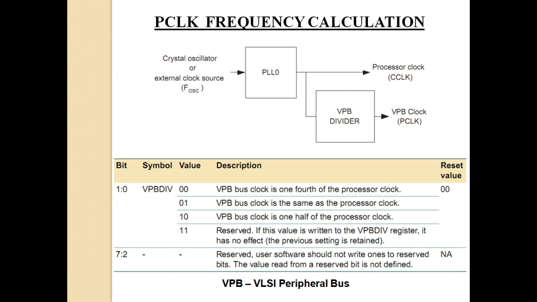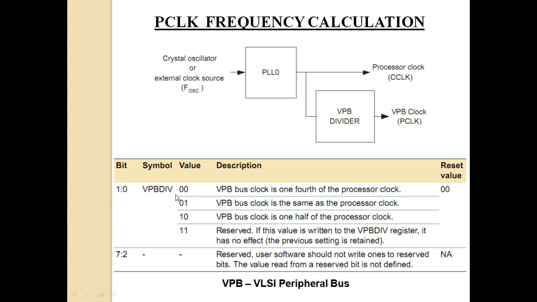That register is also of size 32 bits. In those 32 bits, for configuring the VPB divider, you use only the first two bits, bit number 0 and bit number 1. If you write bit number 1 as 0 and bit number 0 as 0, that means you are writing 0 0 in these two bit locations of the VPB divider.